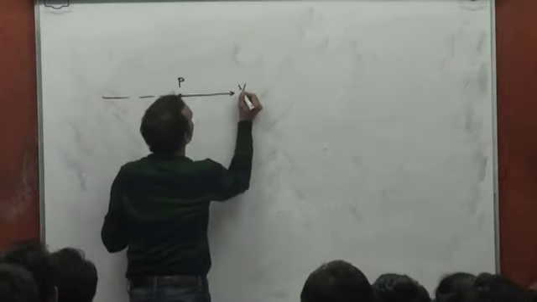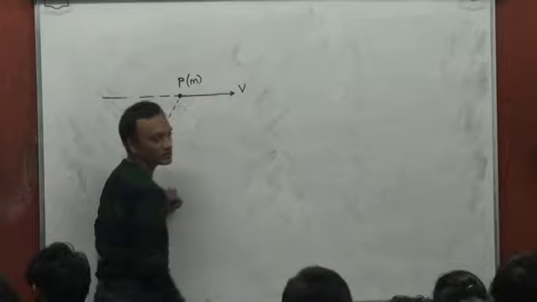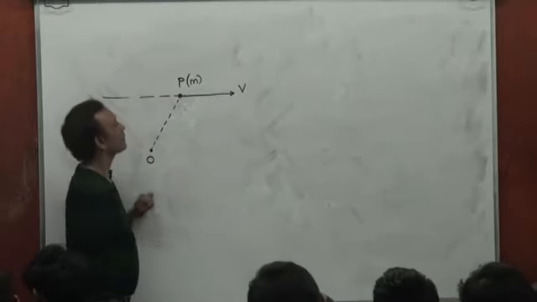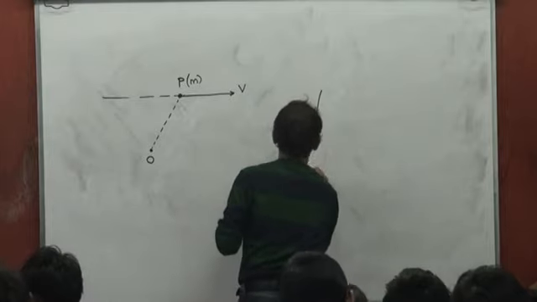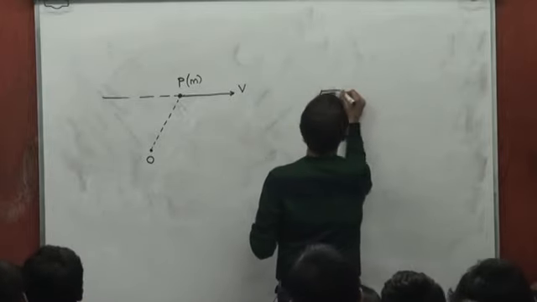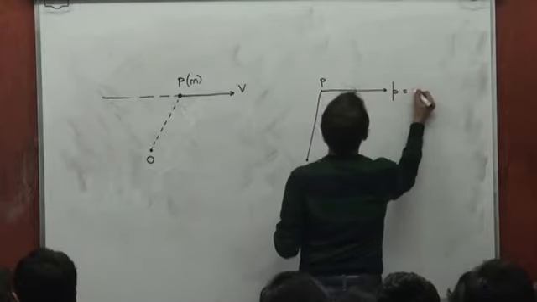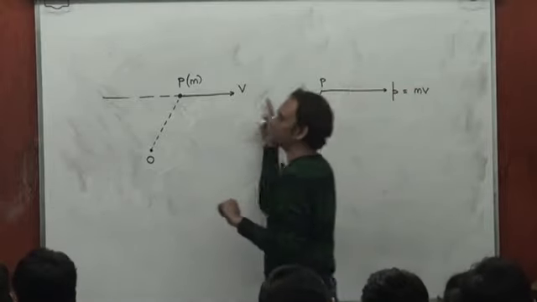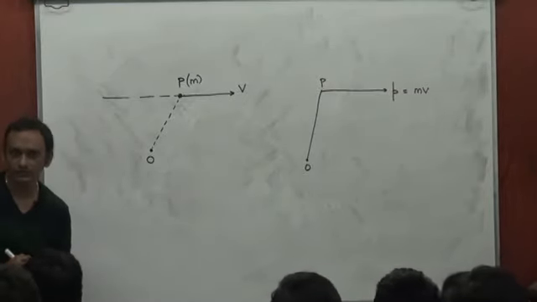And if the mass of this particle is m, then the linear momentum of this particle, small p, is going to be m into v, along the velocity.